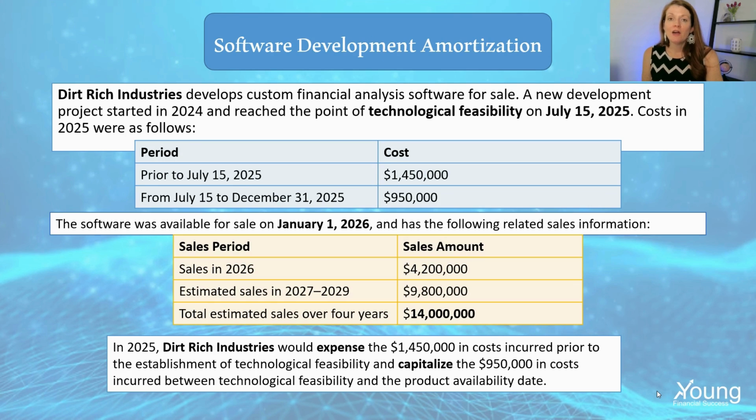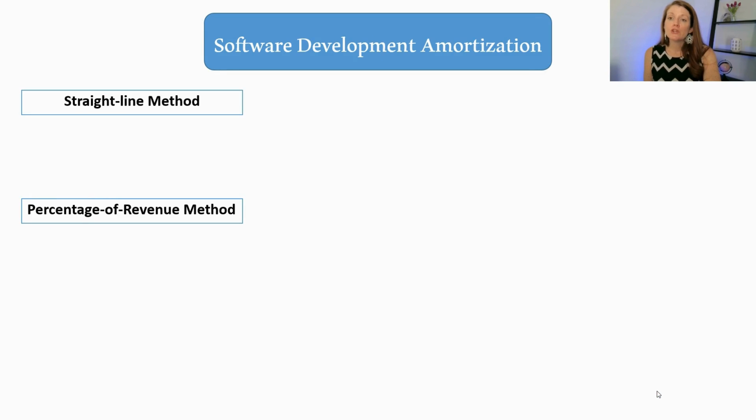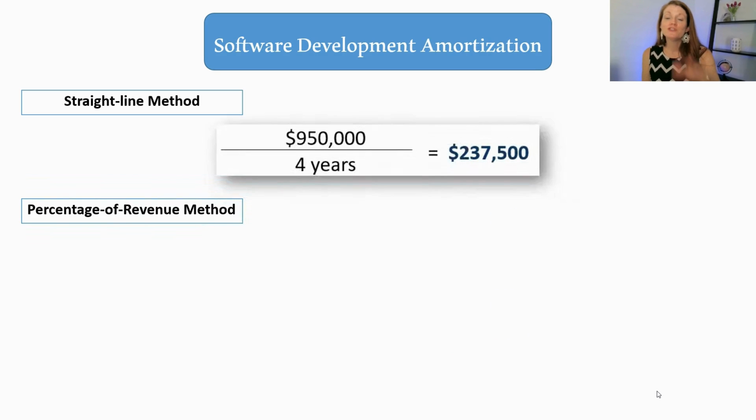Then we're going to look at how these sales will be treated. So we have sales for 4 years from 2026 to 2029 that came from a benefit of the software development. So let's look at the two different ways that we can amortize software development. We have straight line.